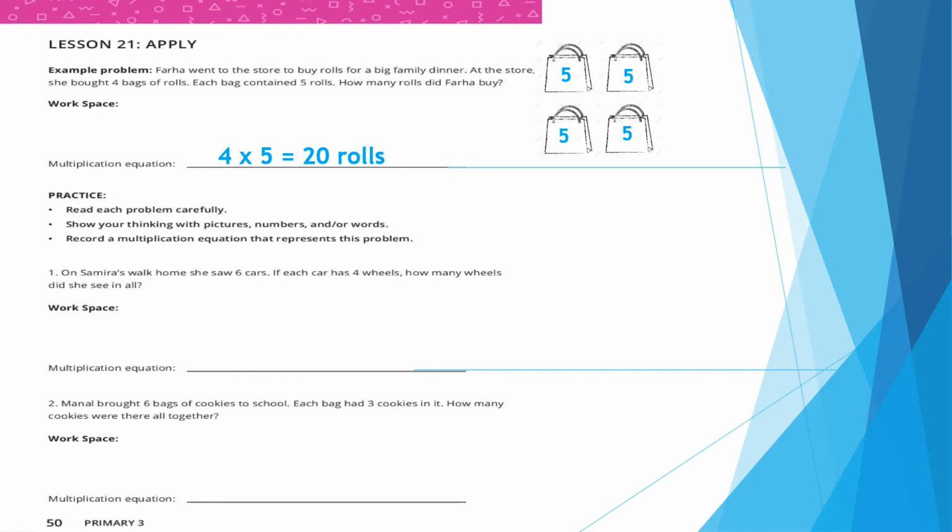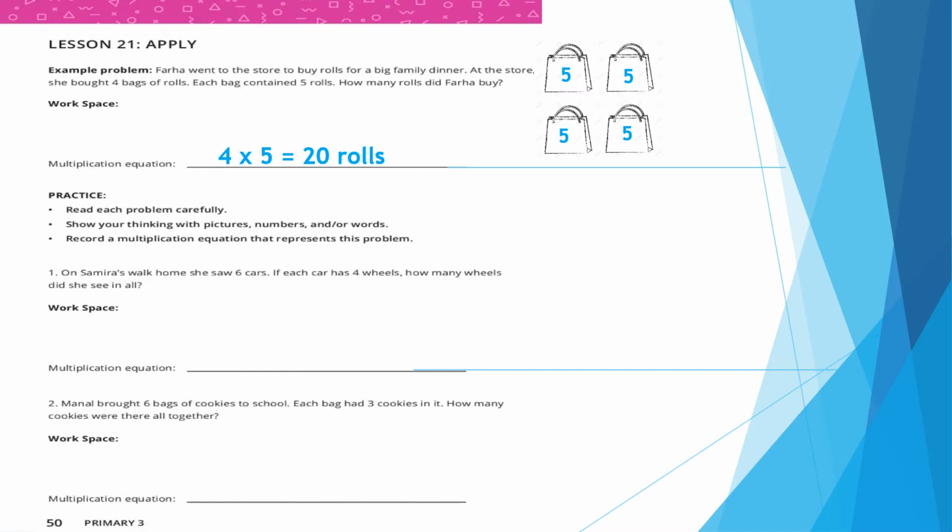The first story problem. On Samira's walk home, she saw 6 cars. If each car has 4 wheels, how many wheels did she see in all?